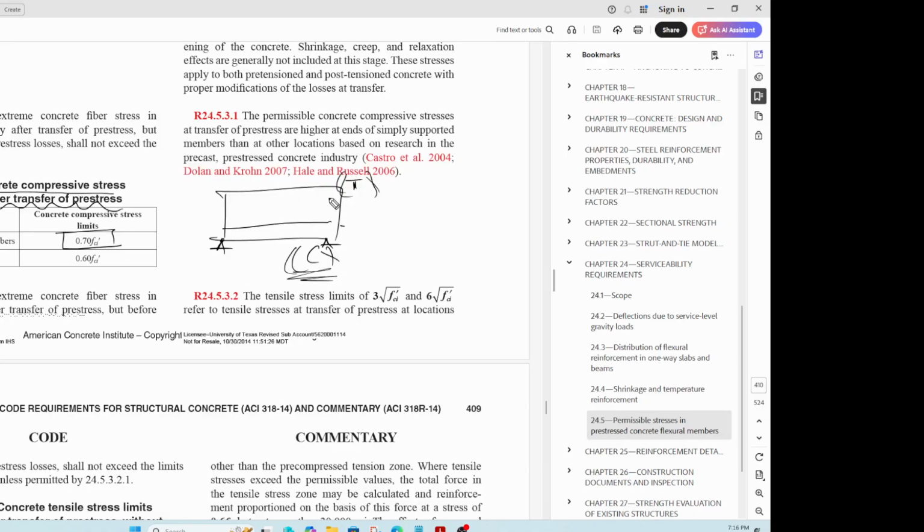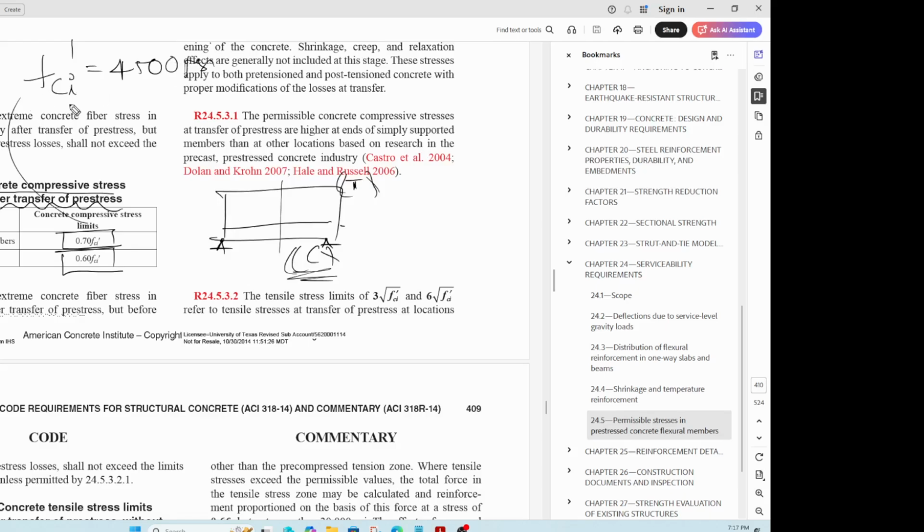But if the stress that you are computing is somewhere else, let us say at mid span, where the maximum bending moment is going to happen in a simply supported case with UDL, then you are going to compare that value with 0.6 times f'ci. Notice that here you have not f'c but f'ci, because the concrete might still be under 4,000 psi during this initial phase.